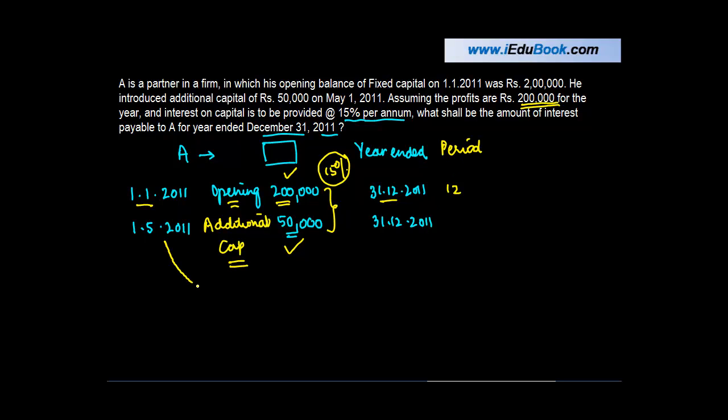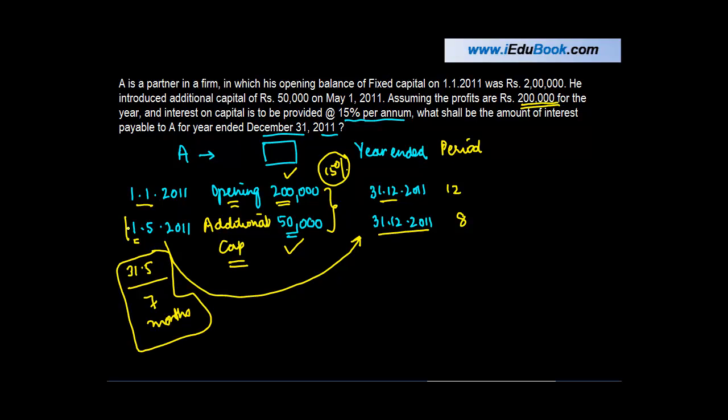For additional capital, it is from 1/5/2011 until 31/12/2011. This period is going to be 8 months, because this is 1/5. If it was 31/5, then this would have been 7 months. So just be a little careful whenever you are doing any kind of questions, what is this date?